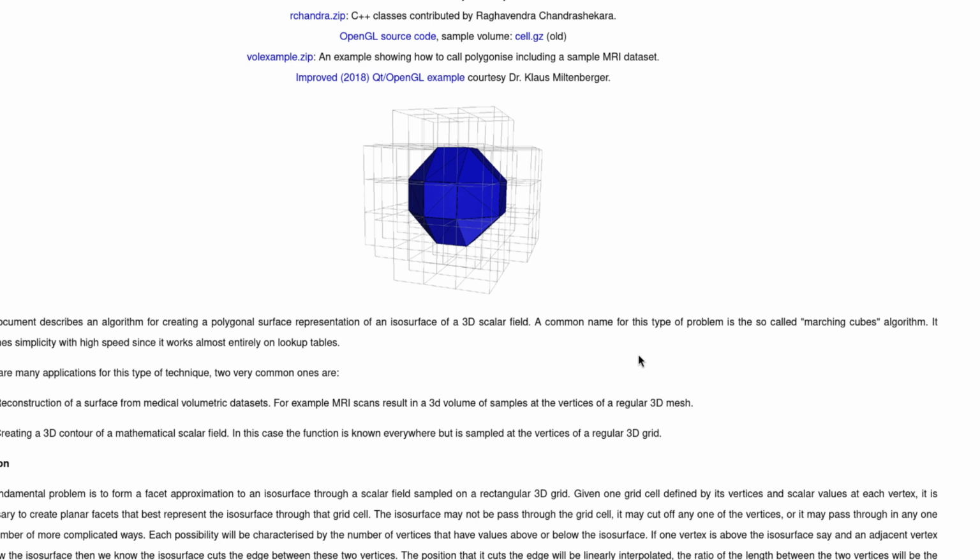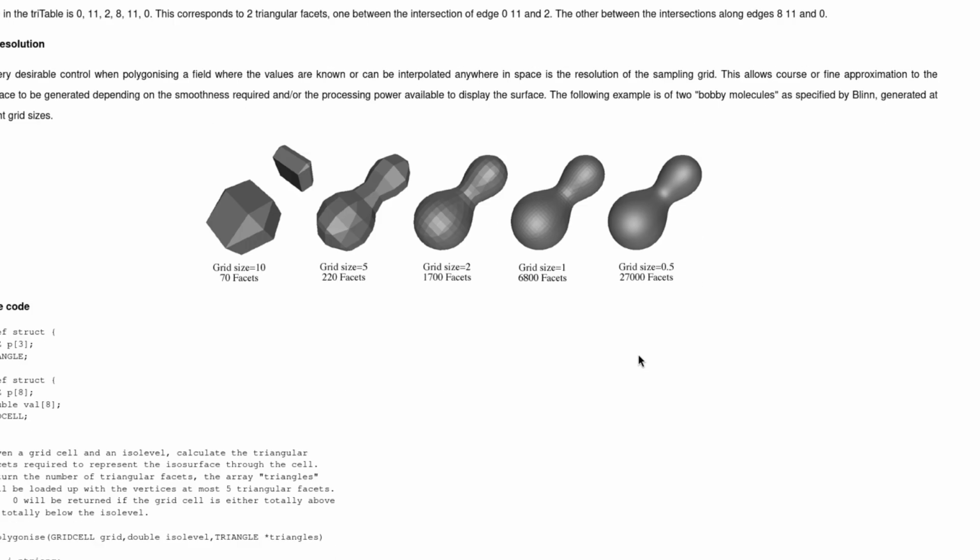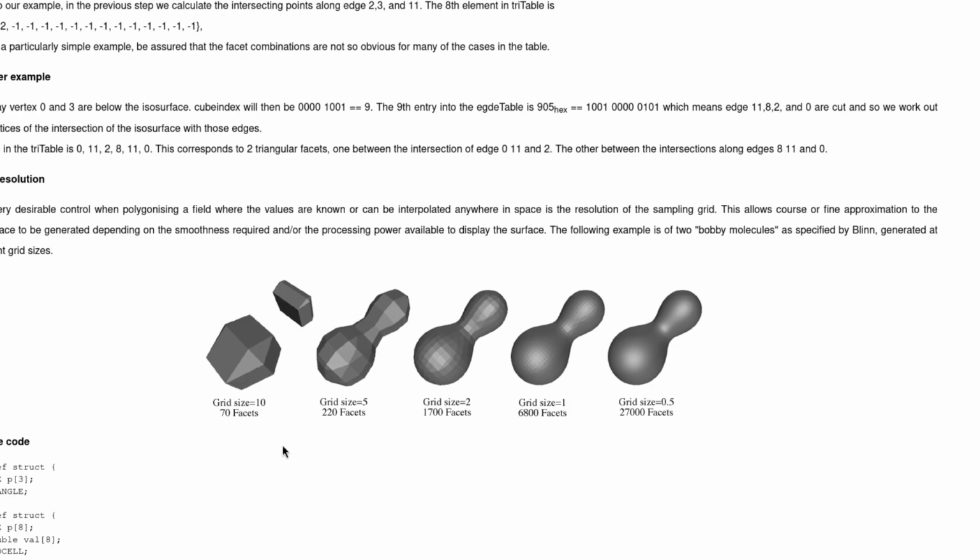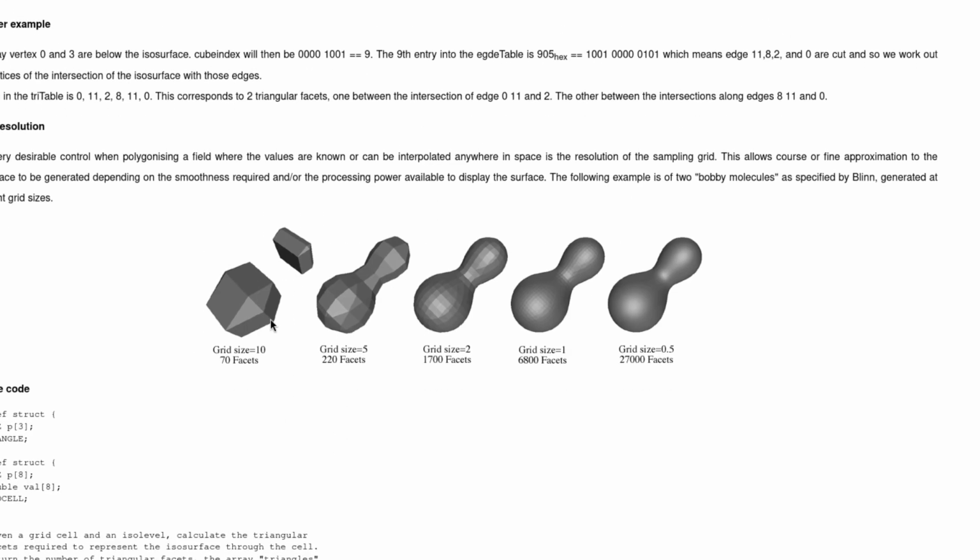But once you start using an actual scalar field with actual numerical values, then you can make the shapes look a lot more organic, or a lot more interesting, more like natural terrain or whatever else you want to render. An example of that would be down here. This is showing the increasing resolution of the scalar field. So if you want to have a very high resolution, you can get some very smooth looking objects like this.